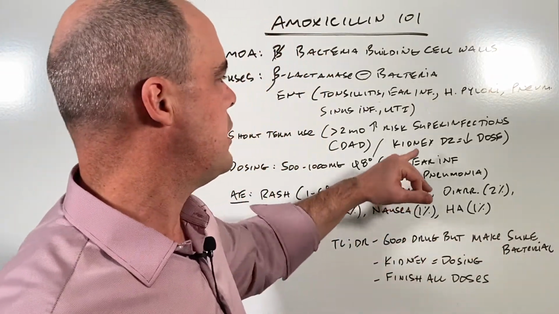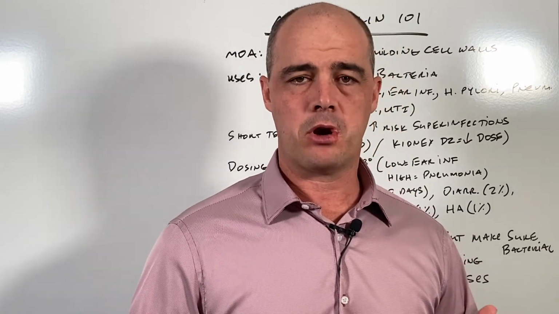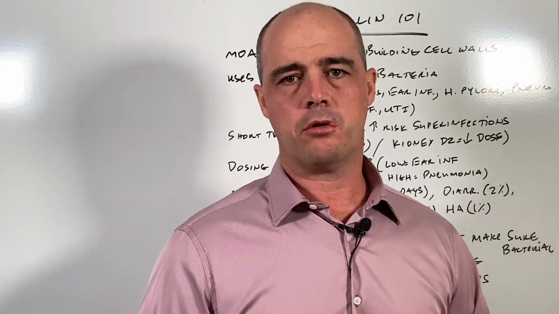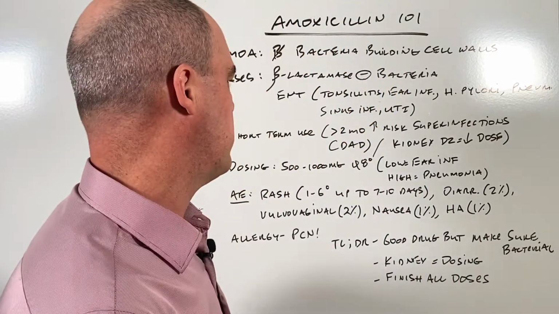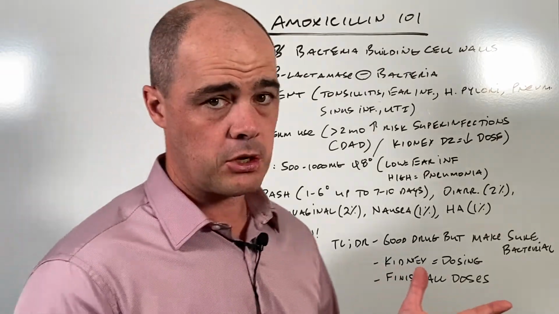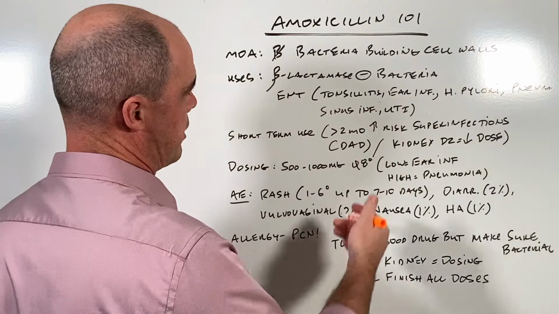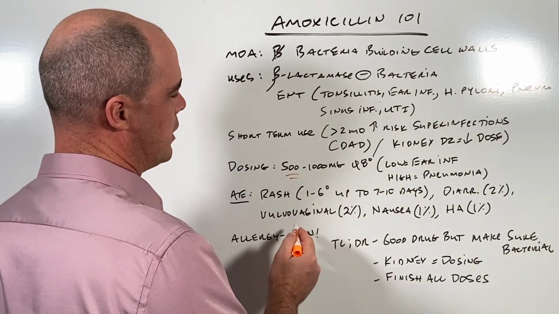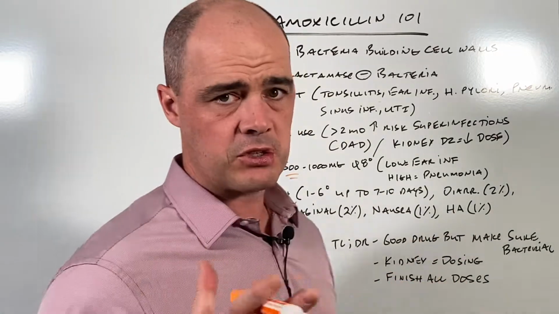The other thing to keep in mind is if you have any form of kidney problems, you're going to want to adjust the dose downward. If we don't, we're going to run into those same sort of dosing problems we talked about earlier. Speaking of dosing, the 500 milligram capsule is a very common strength, so we can do 1 to 2 of those every 8 hours, and it needs to be scheduled.